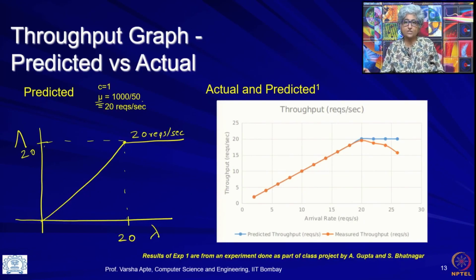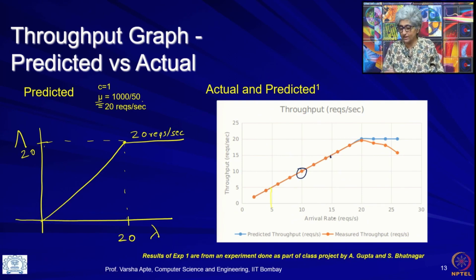So, this is actually measured. This is again throughput in requests per second on the y axis, and arrival rate in requests per second on the x axis. You can see that pretty much at 5 it is 5, at 10 it is 10, at 15 it is 15.